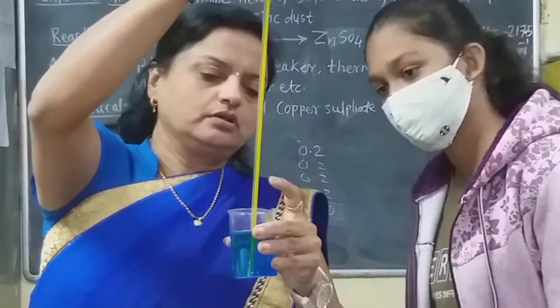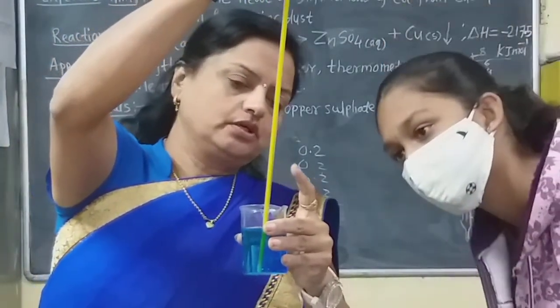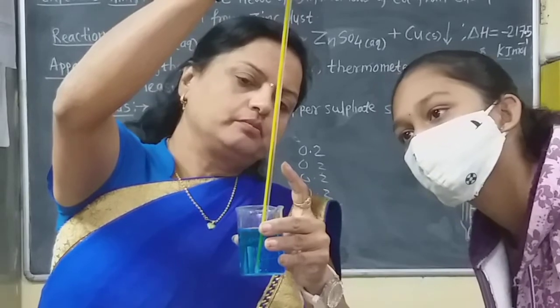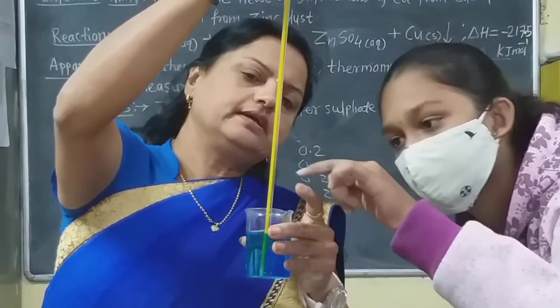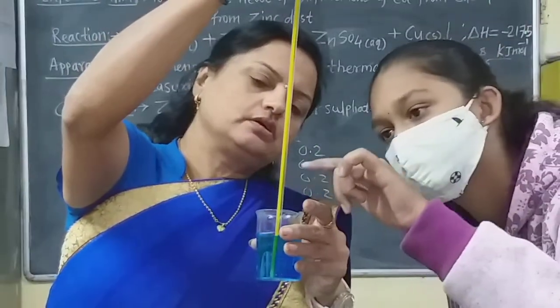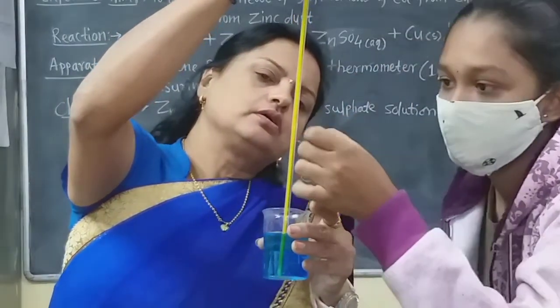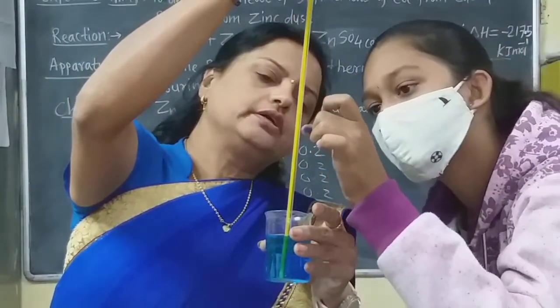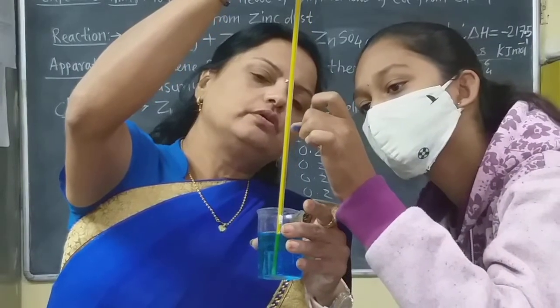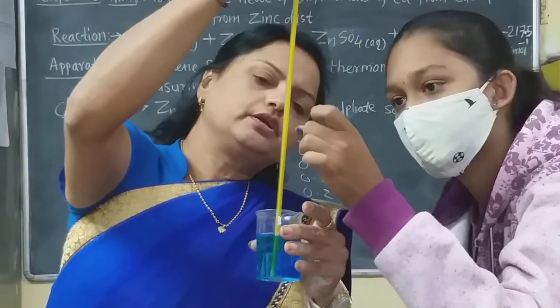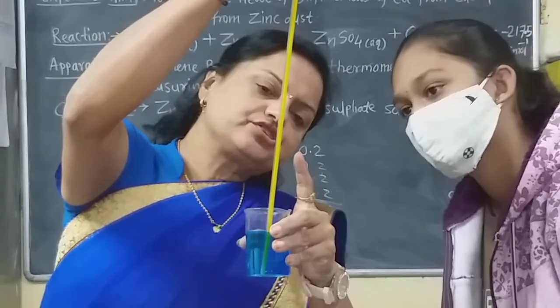Now this is the line that is the mercury. Do you see in that line? Now see where is the mercury. Yes, here. Now 1 minute. What is the last temperature?